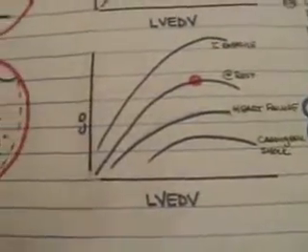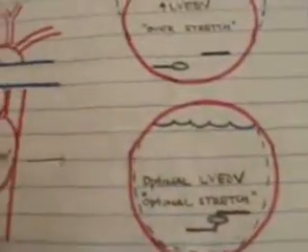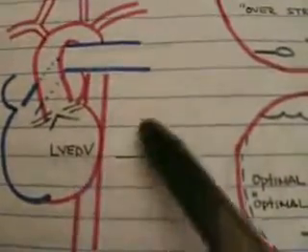So now if we were to focus on preload, we can say that preload is the left ventricular end diastolic volume.